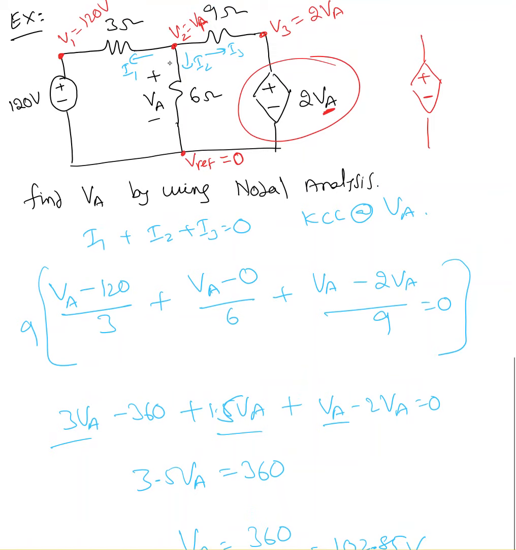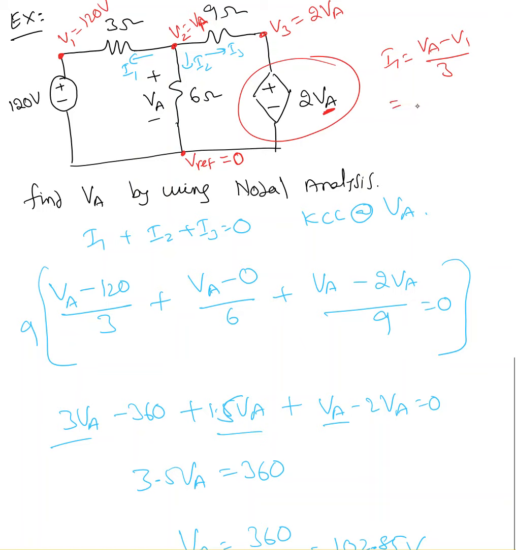Once I know VA, I can find the current flowing in the 3 ohms. In this case, he's asking for VA only. I'm done finding the final answer. But say if he needs you to find something else, I1 is nothing but VA minus V1 over 3.